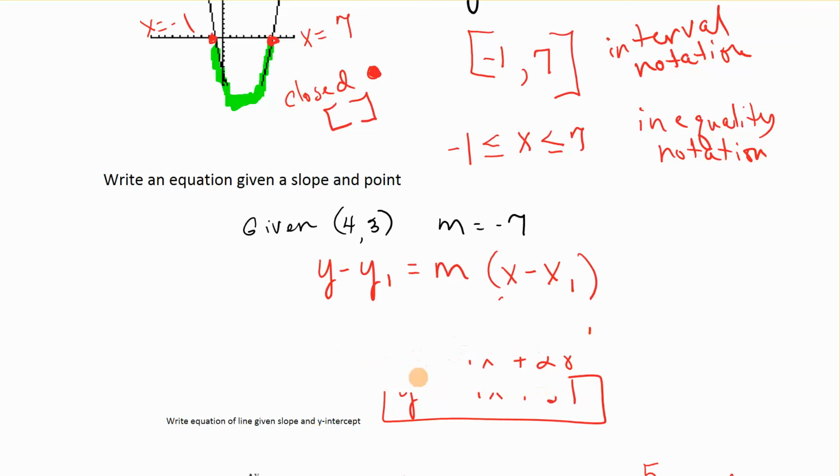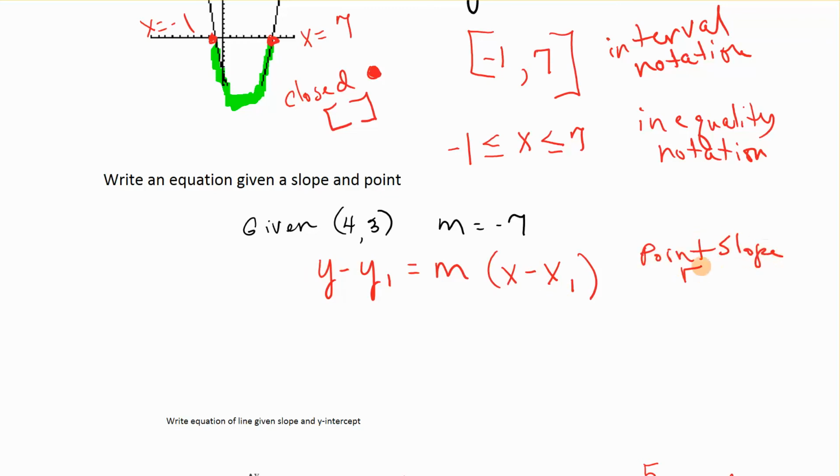Let's do this. So this next question, you might be asked to find an equation having a given slope and a point. And you need to know this formula. This is the point-slope form. Y minus y1 equals m times x minus x1. And so here's your x1, here's your y1.